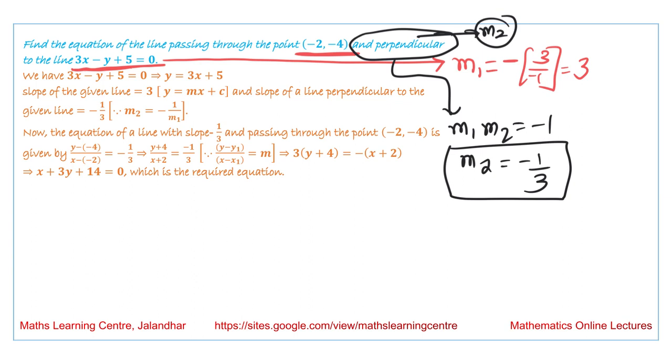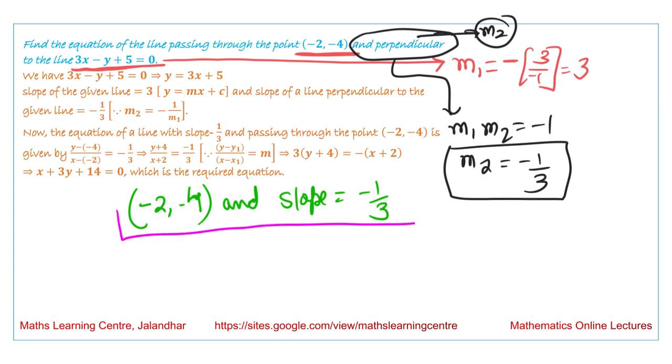We are talking about a line which passes through the point minus 2, minus 4, and its slope is equal to minus 1 by 3. So the equation of this line is y minus minus 4 divided by x minus minus 2, that is equal to minus 1 by 3.